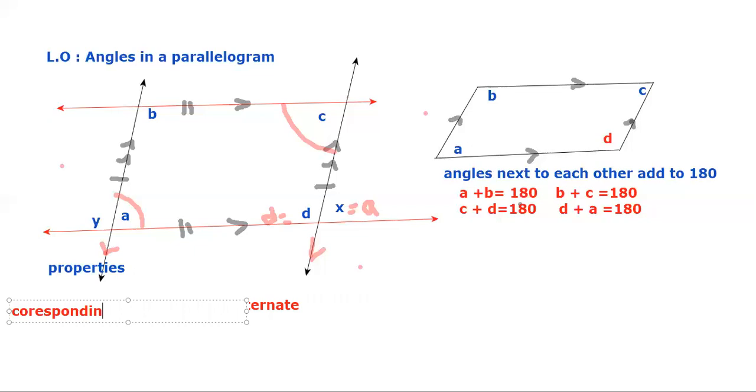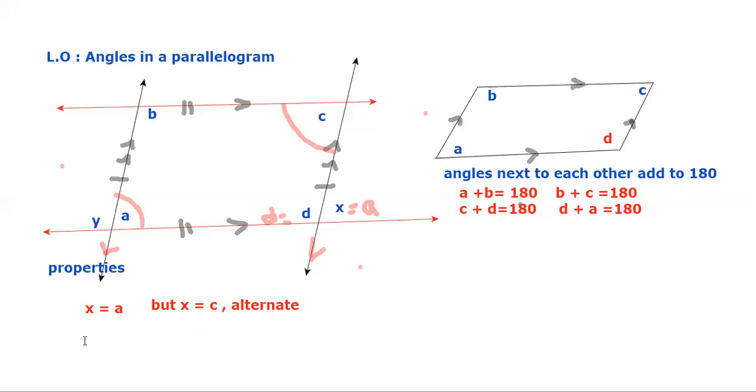So X is equal to A and X is equal to C. That means that A is equal to C.